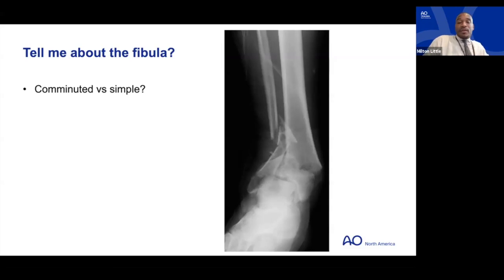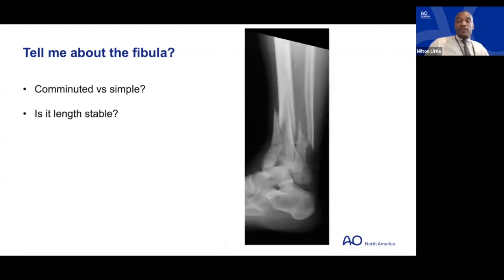Right. And is this a comminuted injury? Is this something that you're going to have difficulty getting the length, alignment, and rotation appropriate? Or is it something where you may be able to get an anatomic reduction that's really going to help you or your partner in the future? Is it length stable? Right?